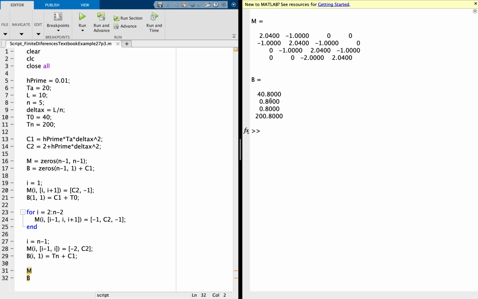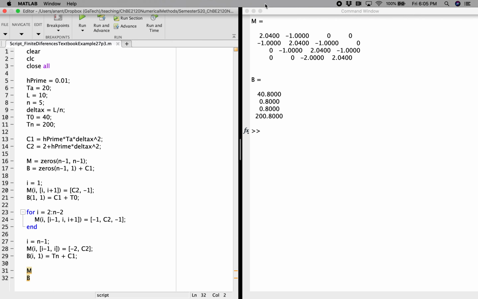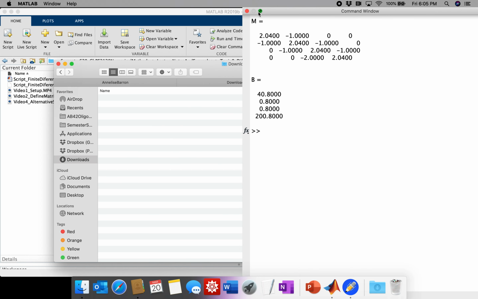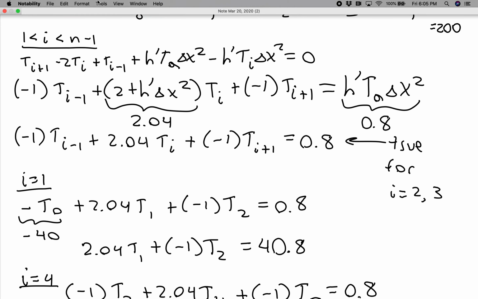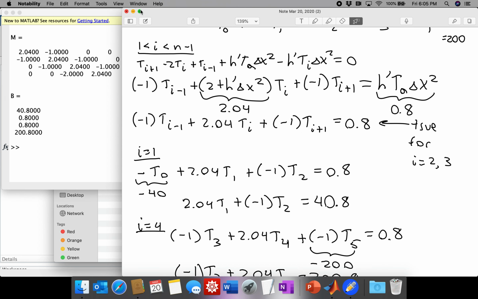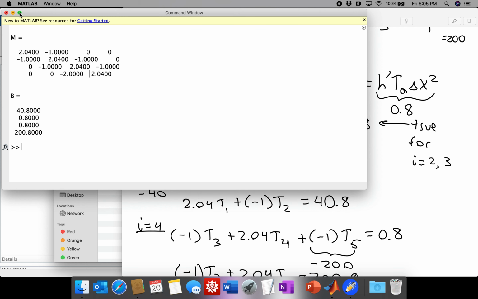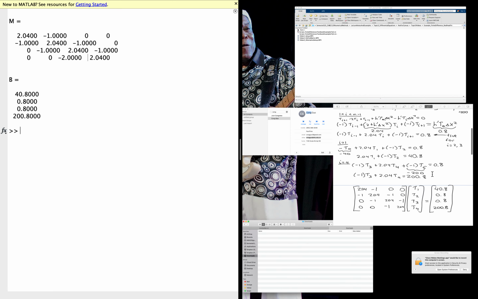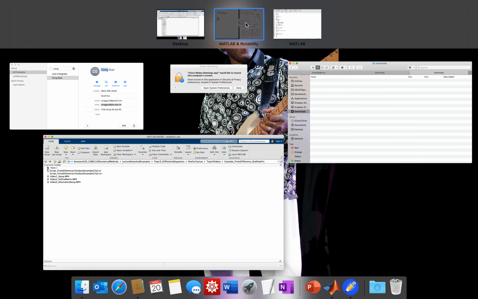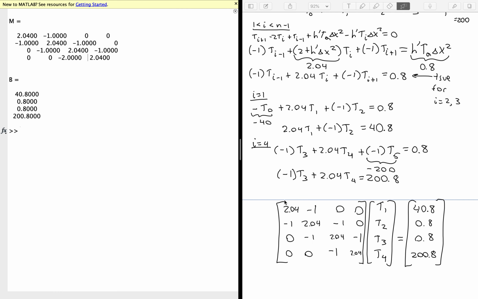What I can do now is put this next to my notes. Okay, so 2.04, negative 1, that's correct.